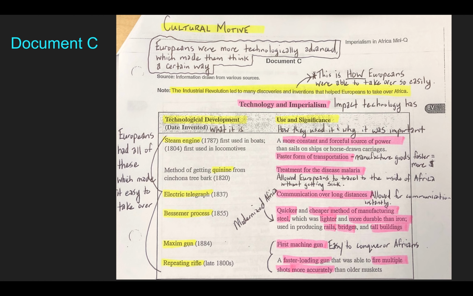And a lot of the times, it wasn't positive. It was a lot of negative impacts that the Europeans had on the Africans. But one of, I guess we can say, positives is that the Europeans helped modernize Africa with the building of railroads, with the building of tall buildings and structures, with bridges, with all this stuff that they had in Europe, they are now bringing with them to, once again, Africa.